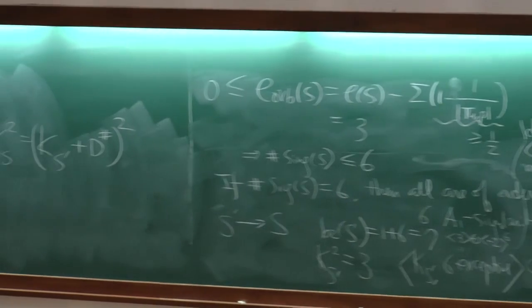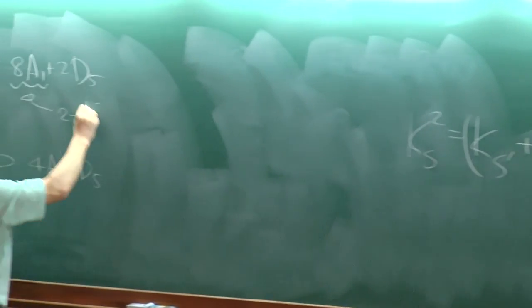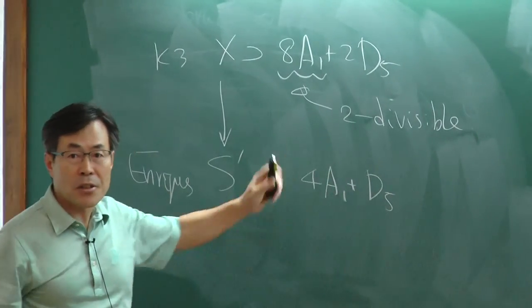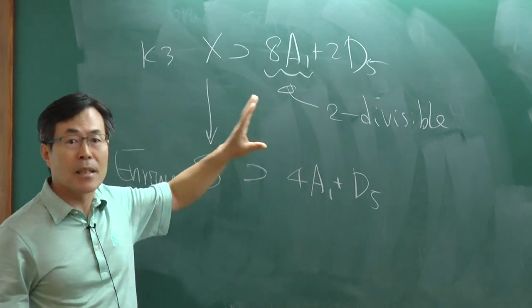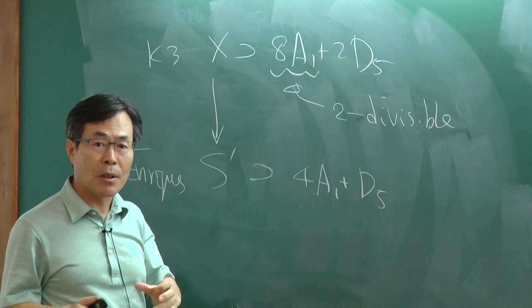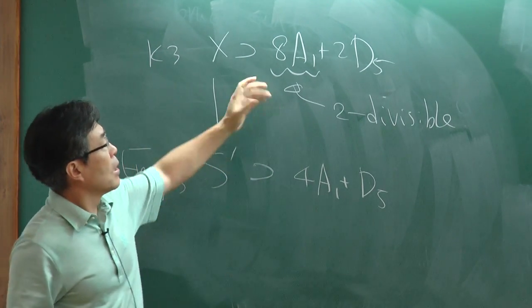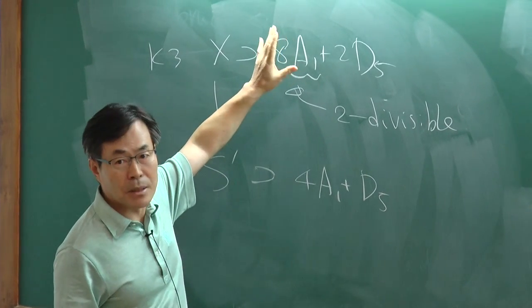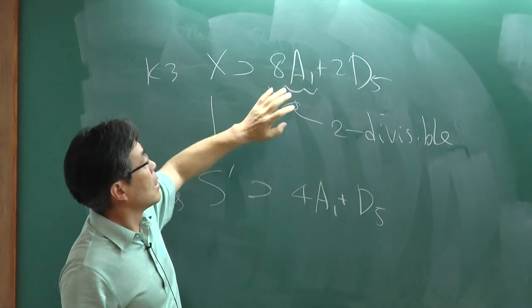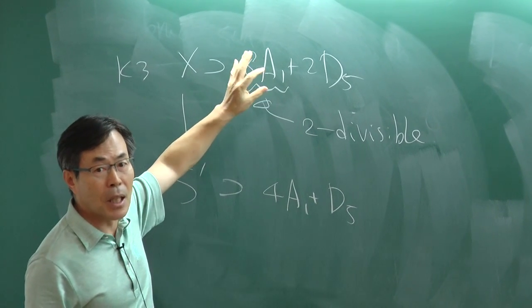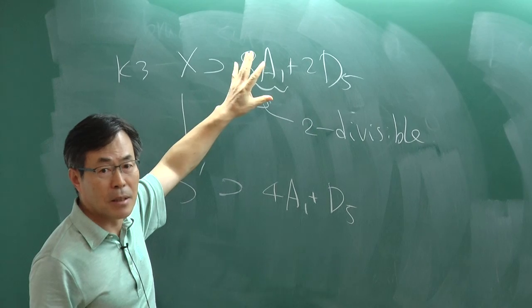And then show that this is 2-divisible. In general, this is not true. I mean, a K3 surface with 8 mutually disjoint smooth rational curves which are not 2-divisible, where any partial sum of these 8 smooth rational curves is not a multiple of another divisor.